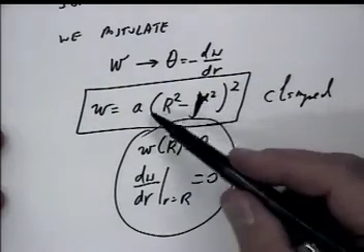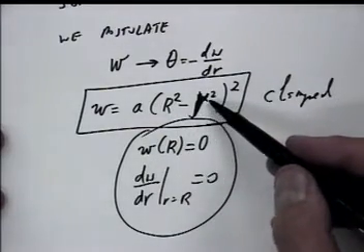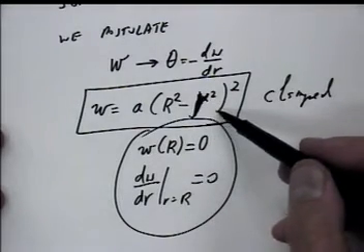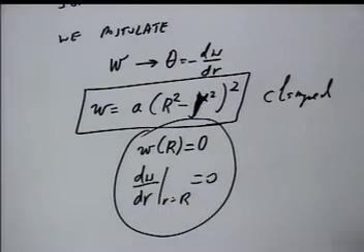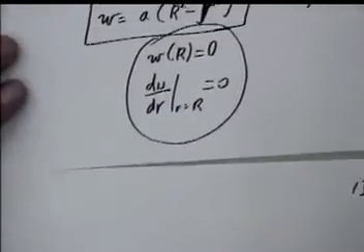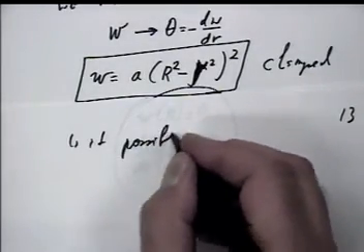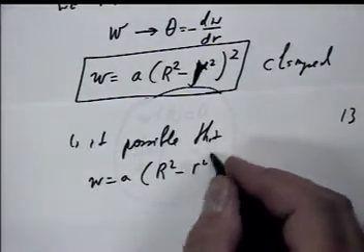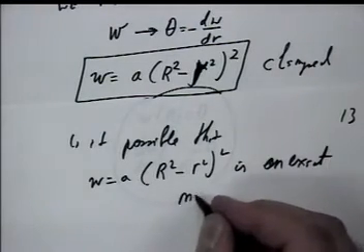If I differentiate this, then I get 2 times R squared minus small r squared, and then 2r, and that is also 0. So this satisfies the boundary conditions. Now imagine that I have just nothing to do in the world, and I'm asking the following question. Is it possible that W equals A times R squared minus r squared, squared, is an exact mode shape?